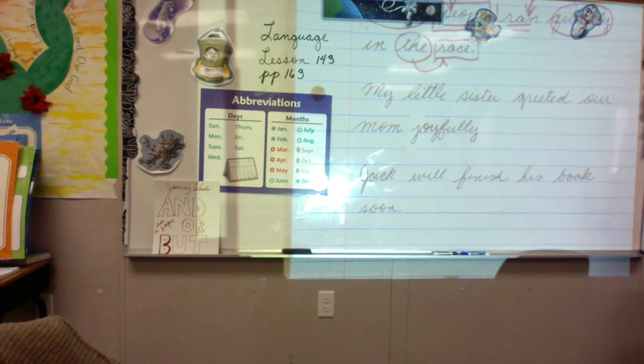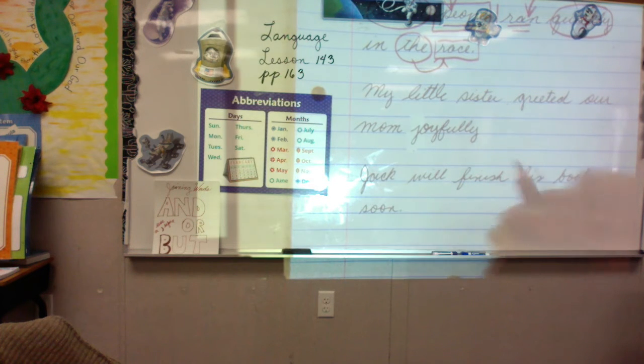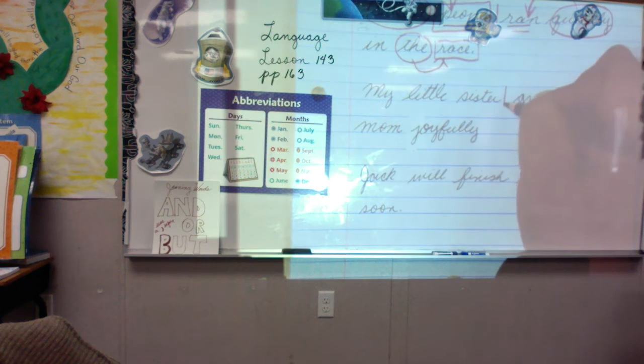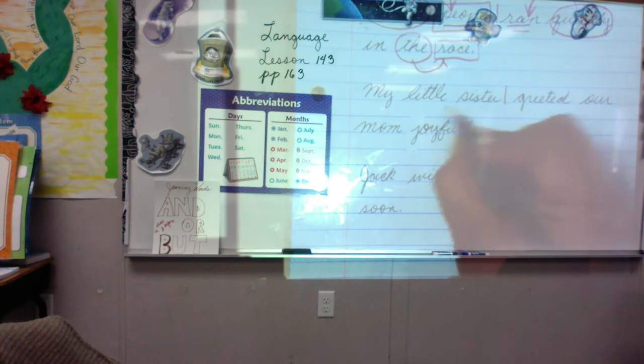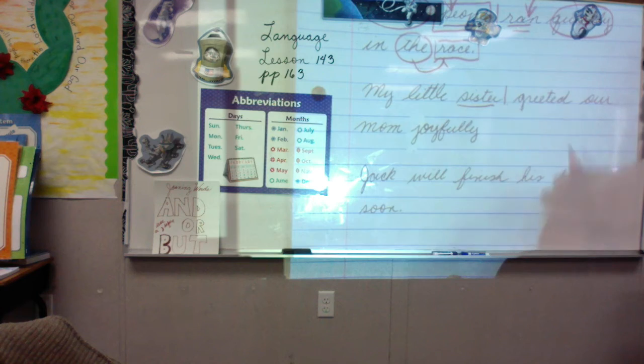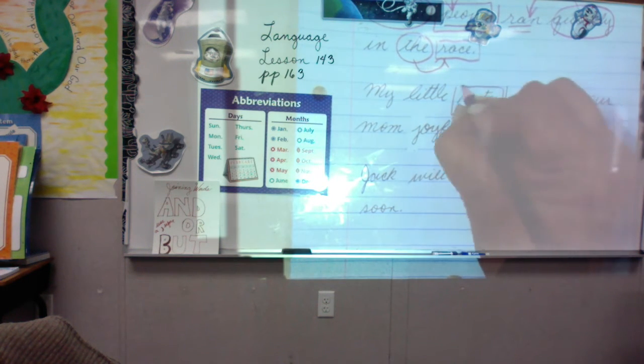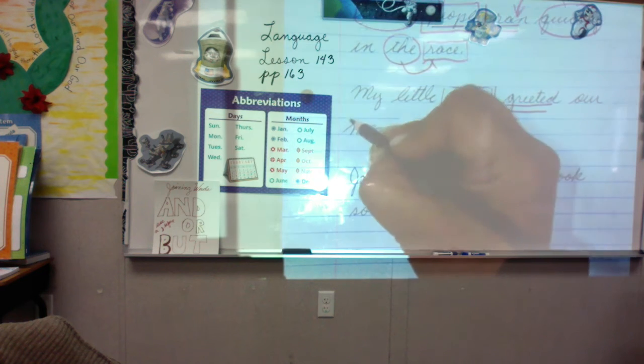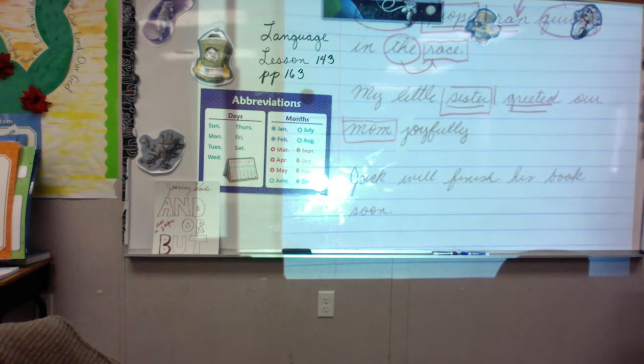Next one. My little sister greeted our mom joyfully. Subject, predicate. Sister is my subject. Greeted is my verb. Sister is a noun. Mom is a noun.